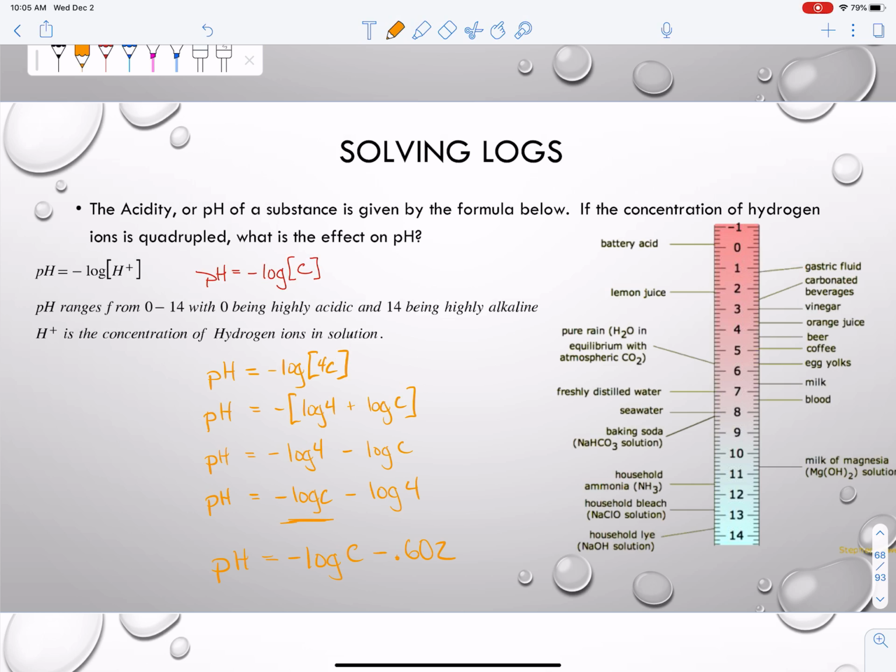To go from a pH of 4 to a pH of 2, it is 100 times more acidic. And to go from a pH of 4 to a pH of 1, it would be 1,000 times more acidic.